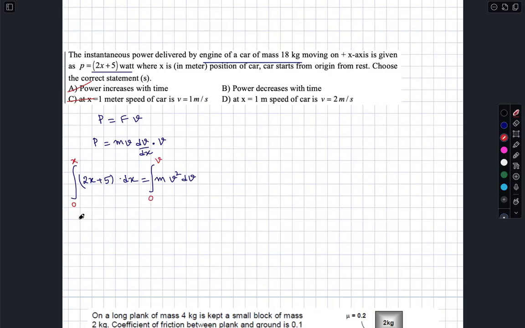So this results in x² + 5x = m by 3 times v³. That is the relation.